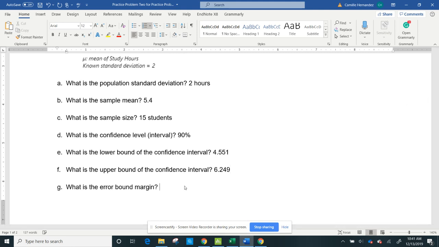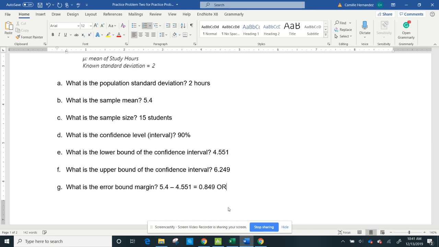So now I need to do my error bound margin. So I'm going to do 5.4, which was my sample mean that I got, minus 4.551, which is my lower bound. So I'm going to do 5.4 minus 4.551, and I get 0.849. All right.